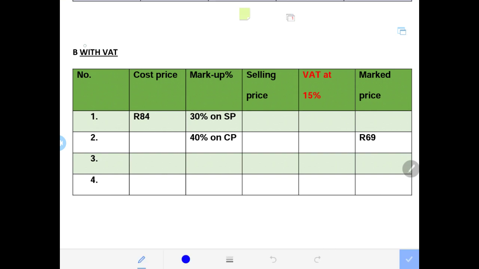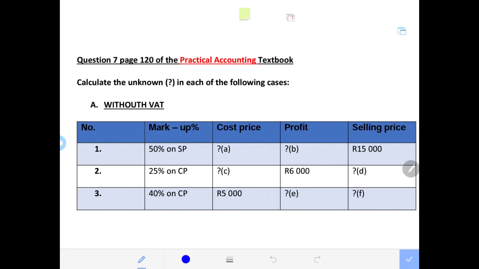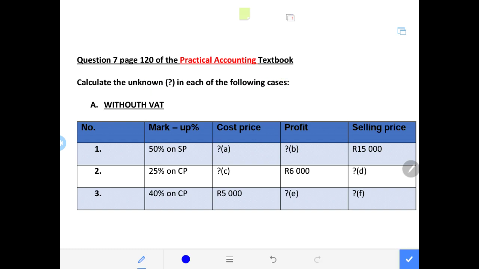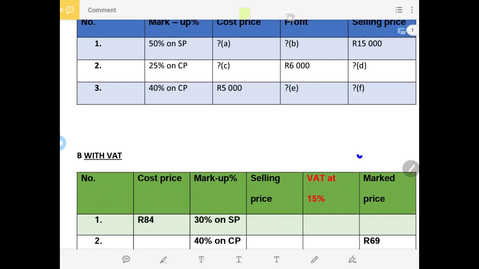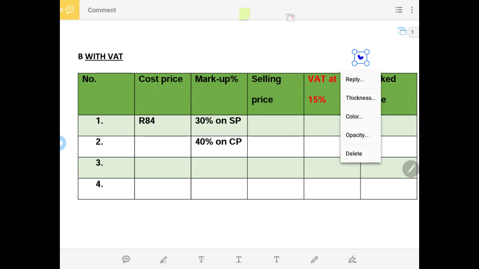And obviously, this is with a VAT that we are dealing with, the same requirements. We are required to calculate the unknown in each of the cases that are given in the table, or in each of the following cases. So we have similar columns.